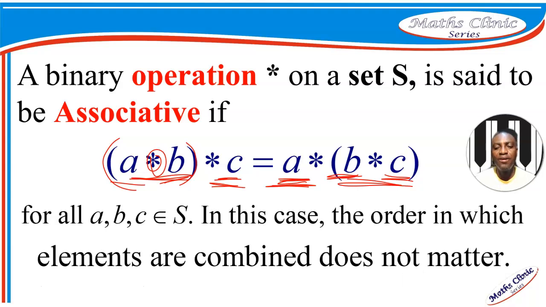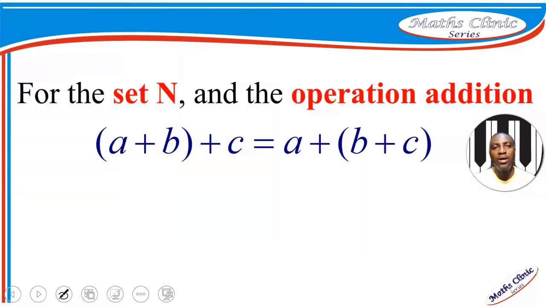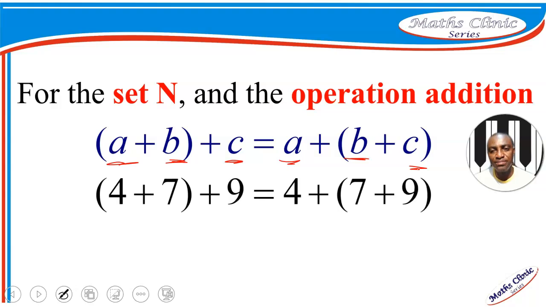For example, if I have the set N of natural numbers and the operation addition, then A plus B plus C is the same as A plus B plus C, whether I add A and B first before C, or add B and C before A. For example, with 4 plus 7 plus 9, I can do 4 plus 7 first before adding the 9, or do 7 plus 9 before adding the 4.